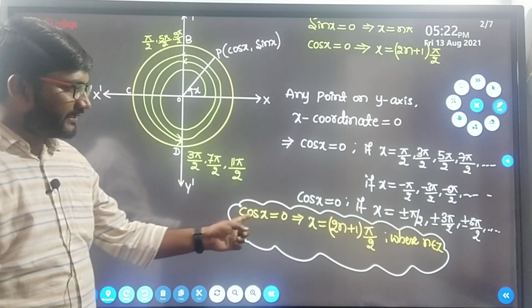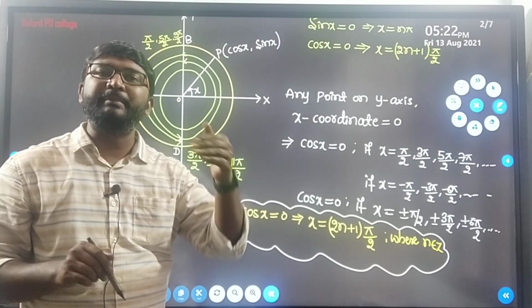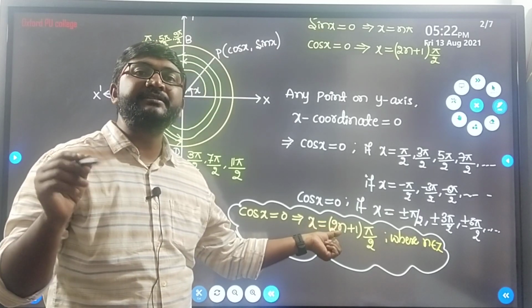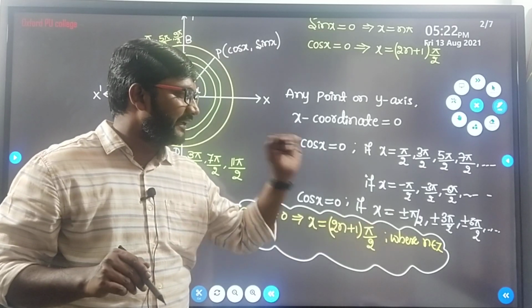See here, cos x becomes 0 when x becomes 2n plus 1 into pi by 2, where n is any integer.